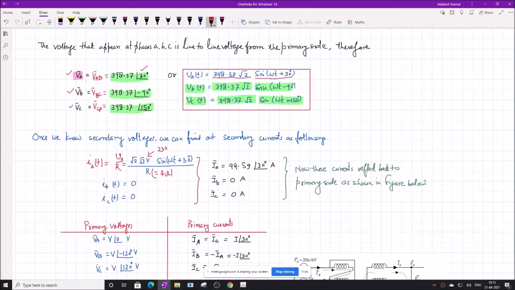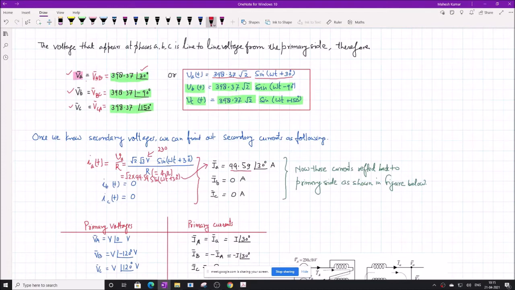So I can write it like this, root 2 into 99.59 sine omega t plus 30 degree, and this is written in form of phasor. This is the RMS value, 99.59 angle of 30 degree.